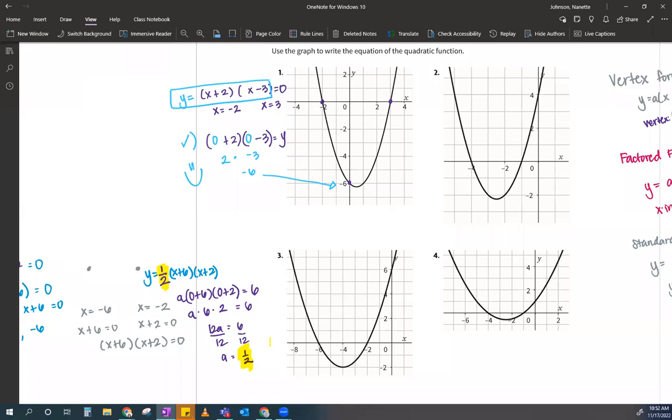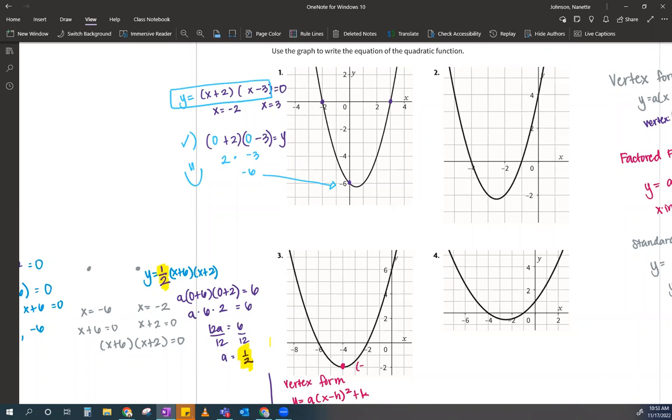Okay, so here is a line. I'm just going to draw a line so that you all see this is the difference. Okay, so this is vertex form. It goes y equals a parentheses x minus h quantity squared plus k. And I'm going to steal this vertex right here. So this vertex is -4, -2.